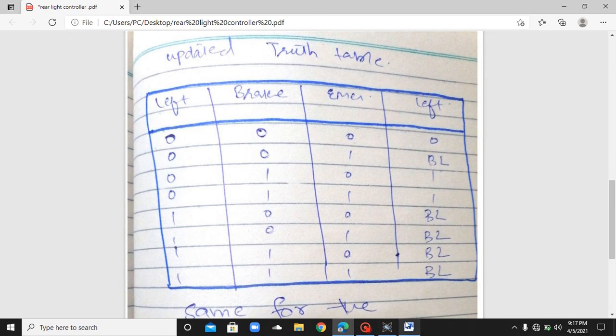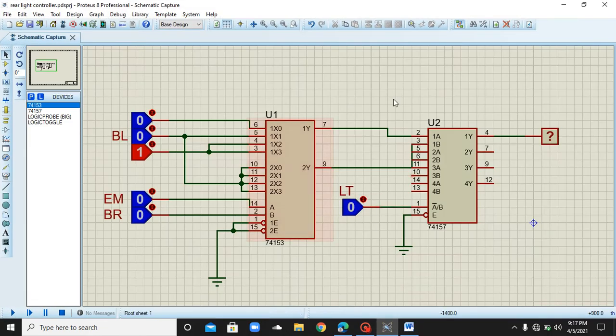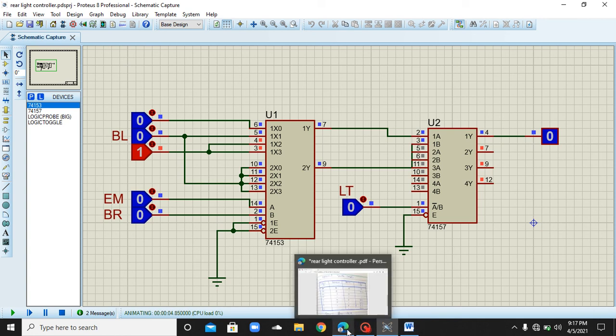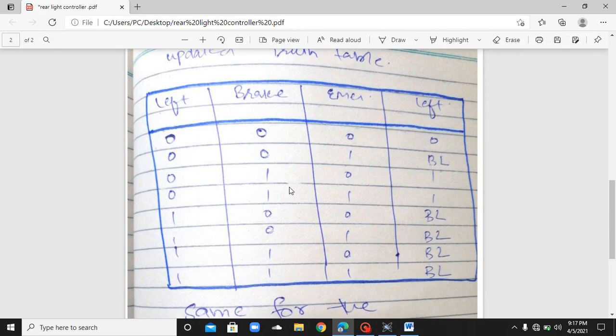You can see here in Proteus, I have implemented this circuit using two muxes. If I run this circuit, I will be able to check the outputs and verify my truth table. My truth table says that if all the inputs are at 0, then the left light should be 0.